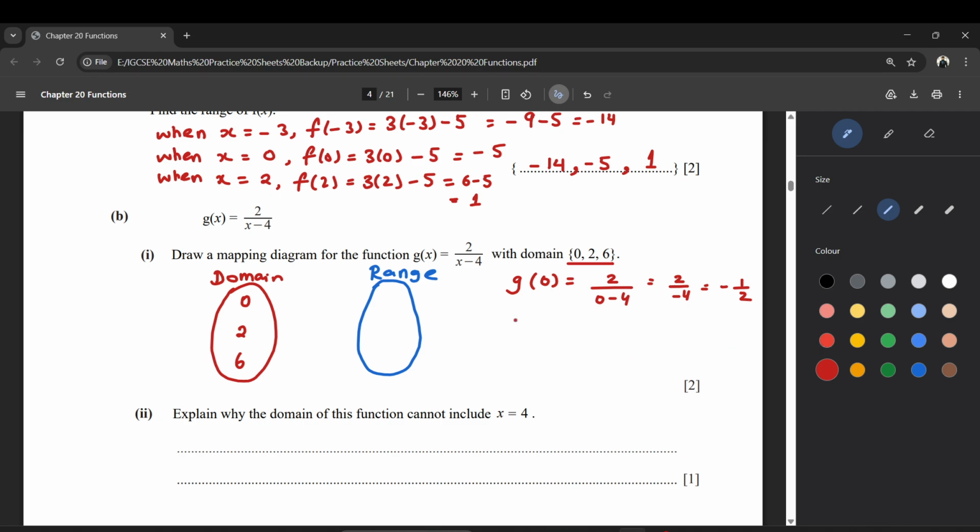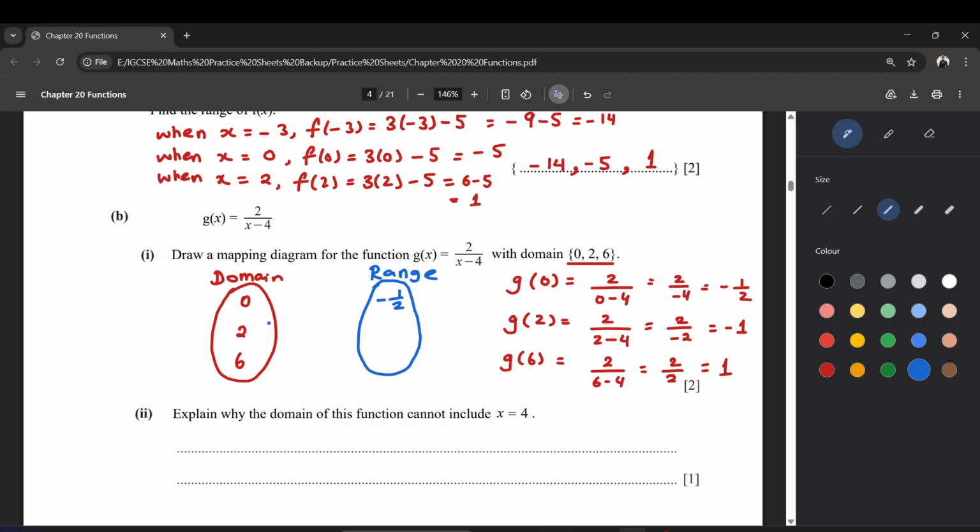Then for the second one, we have g of 2. That is going to be 2 over 2 minus 4. So that would be 2 over minus 2. When you simplify this, you get minus 1. And g of 6 will be 2 over 6 minus 4. So we have 2 over 2, which is equal to 1. So when x is equal to 0, your y value in the range is minus half.